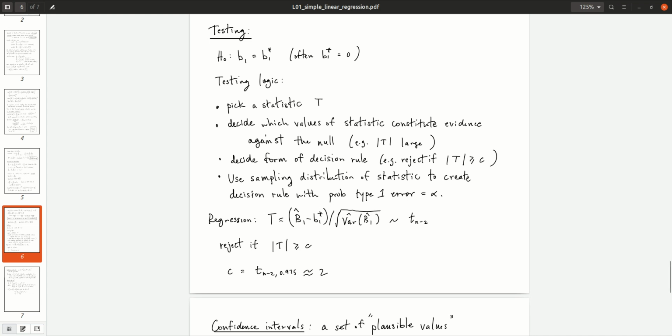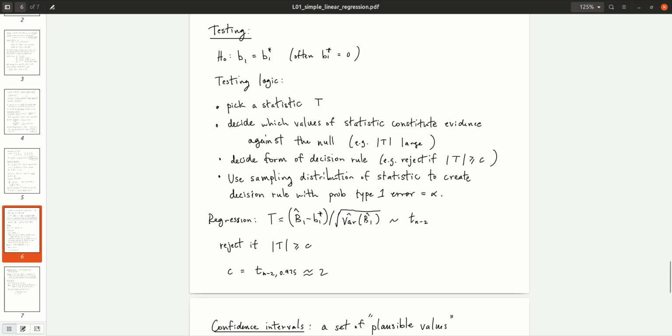So in regression, for the slope parameter, a common statistic is to use in the numerator b1 hat minus the hypothesized value, and you divide by the square root of the variance of the estimator. And here I'm plugging in a hat here.